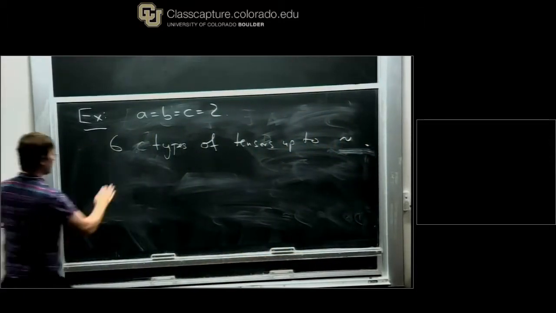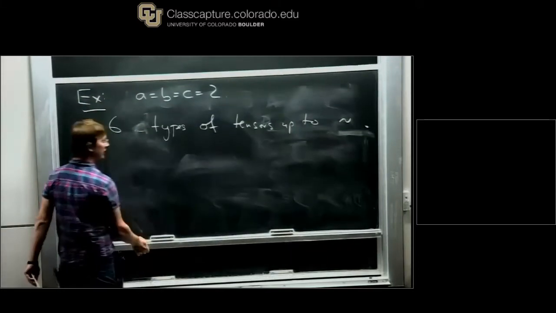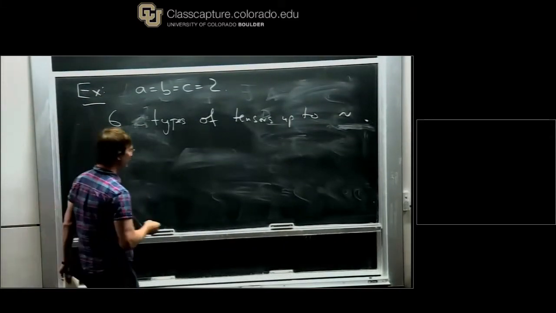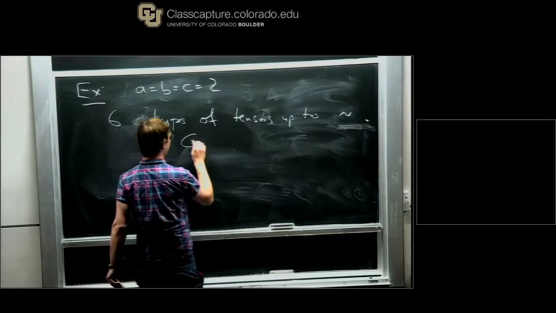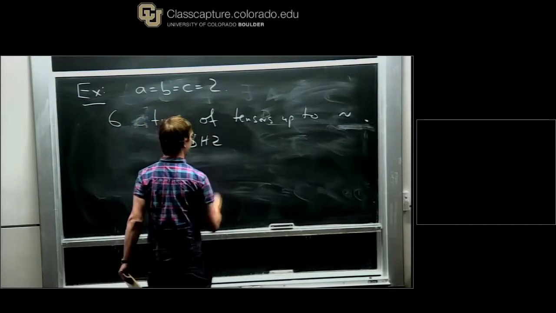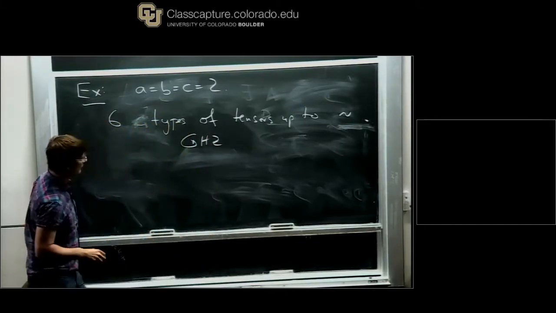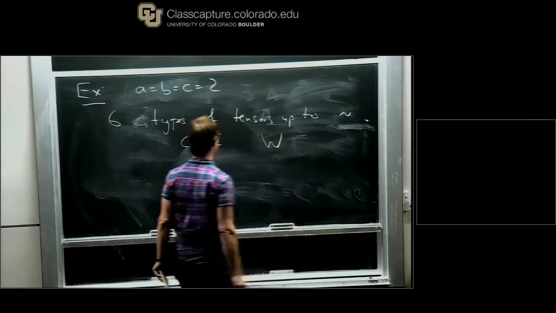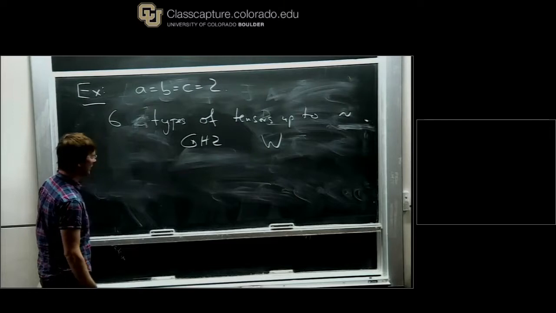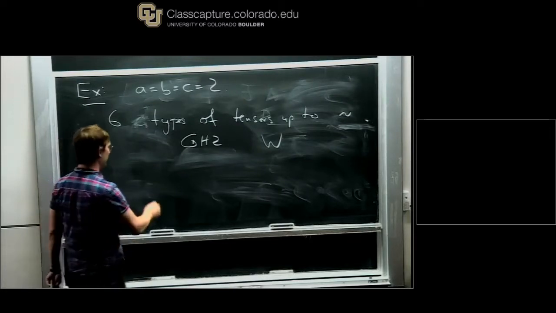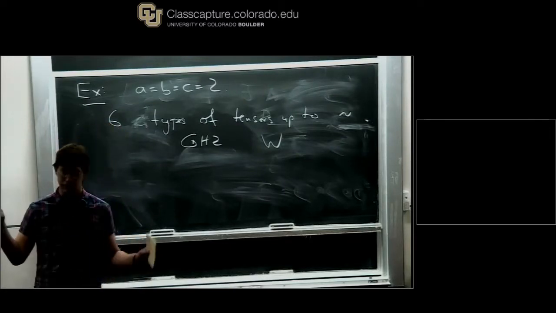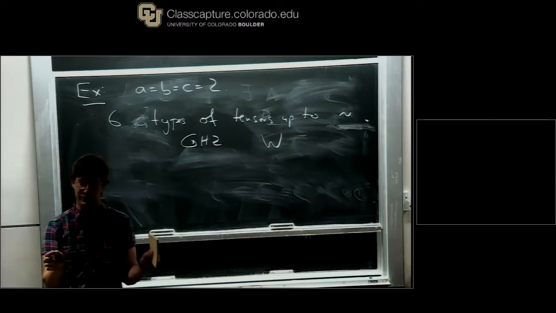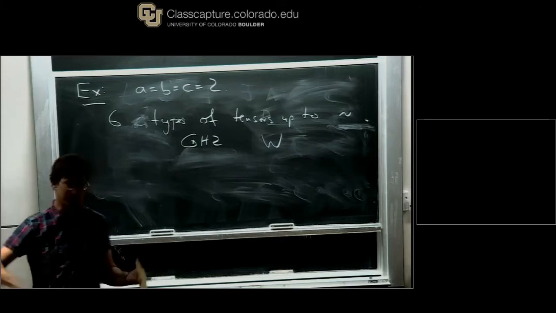And what are those? You can guess, of course. I'm just telling you. They are the GHZ state. There is this W state. And then these are just 2. But we also know that we can of course take an EPR state on, say, Alice and Bob and tensor it with a product state on Charlie.